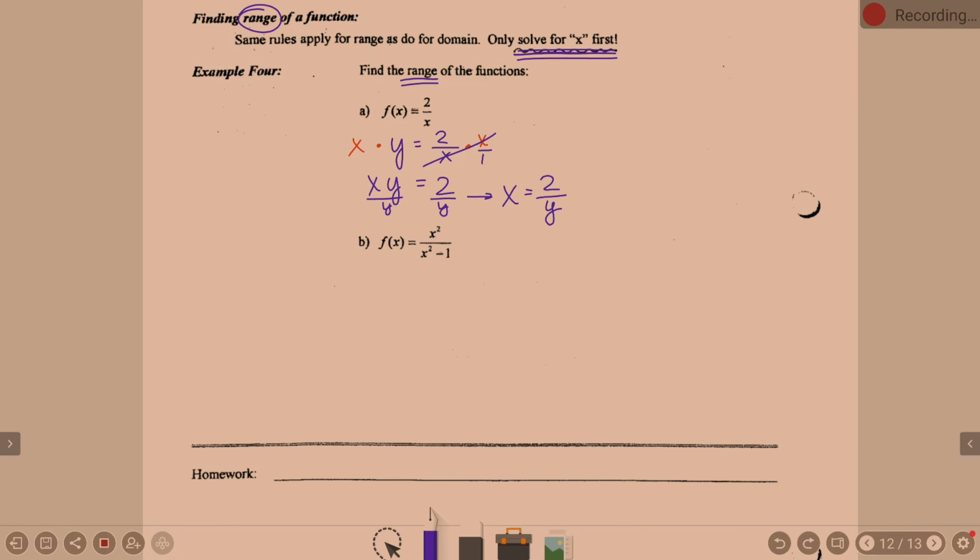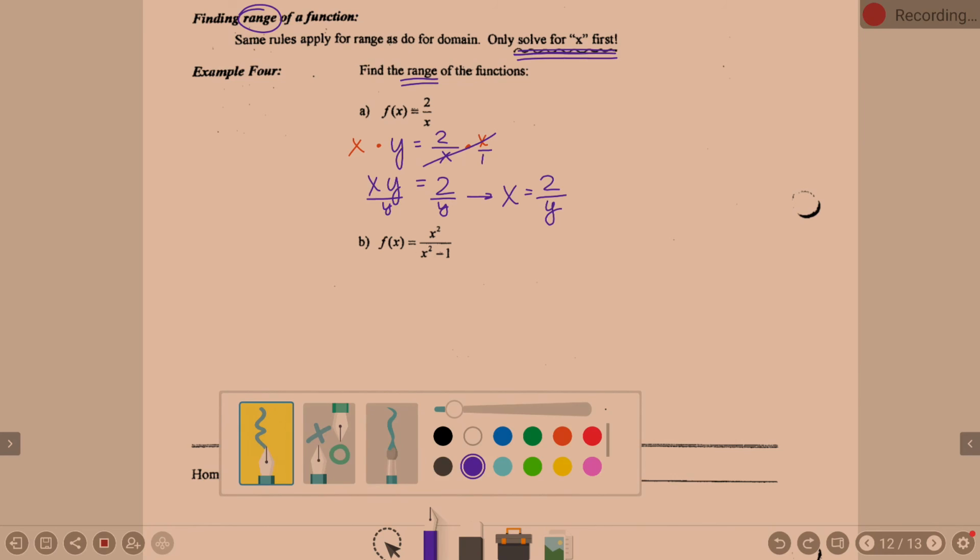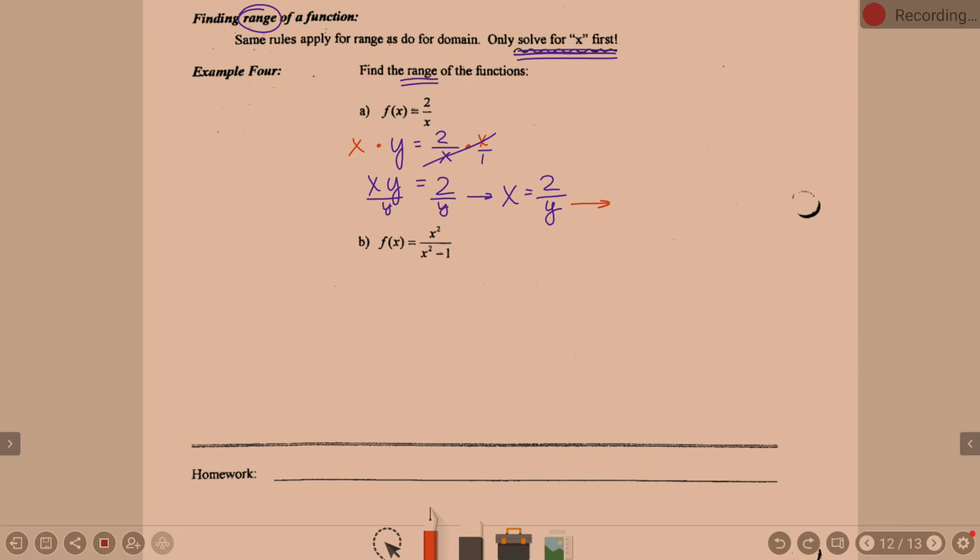Now, if you use this form, think about your domain rules. What are the 2 domain rules that we've been focusing on? Square roots, denominators. Do I have a square root here? Do I have a denominator? Yeah. What's my denominator telling me? This denominator is saying y cannot equal 0. Well, y, that's not domain. y is range. Do we have anything else?